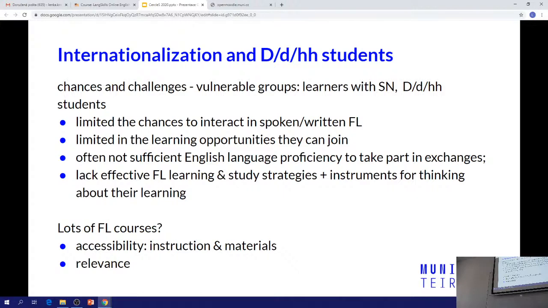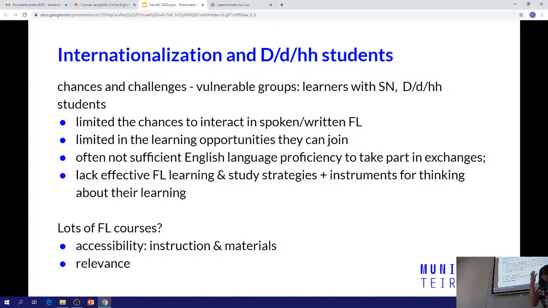They would like to know more about the deaf culture in other countries, which is something intact students rarely think of. And in terms of mobilities, also they need to know what study accommodation can be done for them at the foreign university. So again, this is something that intact students do not have to deal with.